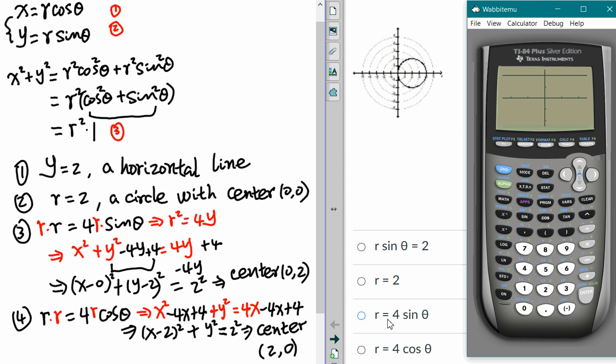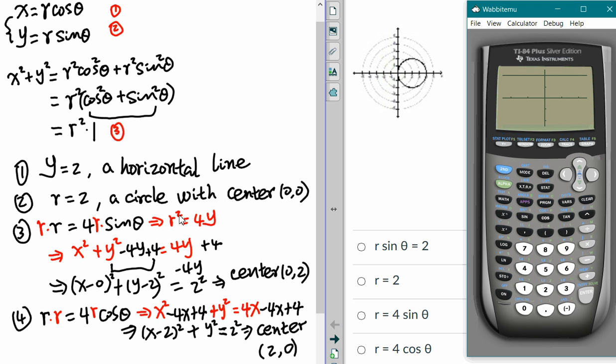That's r equals 4 sine theta. If both sides are multiplied by r, the left-hand side will be r squared. Right-hand side, you have 4 times r sine theta. R sine theta again, that's y. So that's 4y.